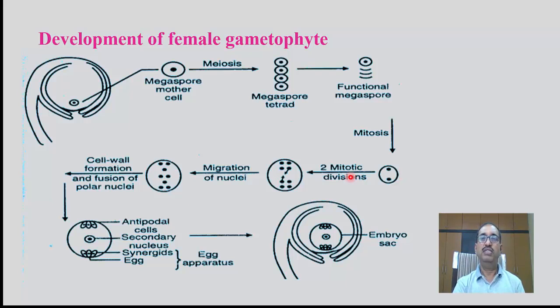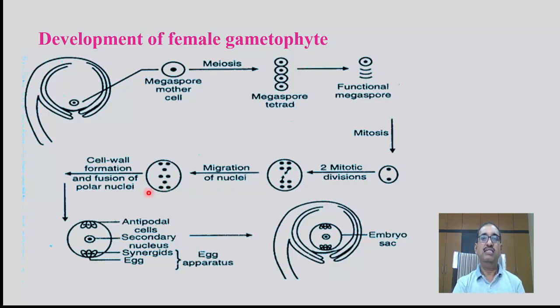Second mitotic division takes place to form 4 nuclei, 2 nuclei at each pole, and third mitotic division forms 4 nuclei at the micropylar end and 4 nuclei at the chalazal end. From the 4 nuclei at each end, 1 nucleus migrates to the center.